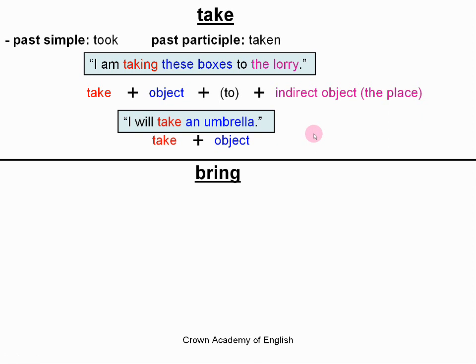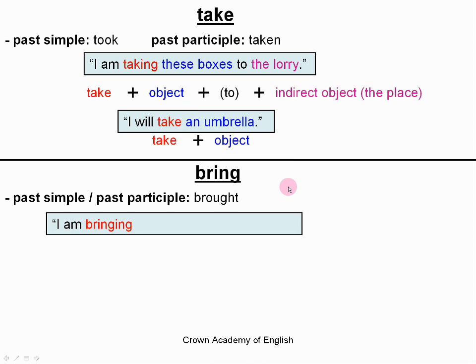Now the verb bring. Again, this is an irregular verb, and the past simple and the past participle is brought. We pronounce this brought. And the verb bring has three different structures or forms.